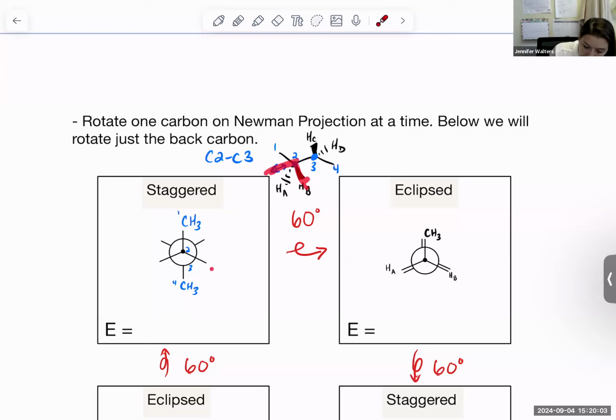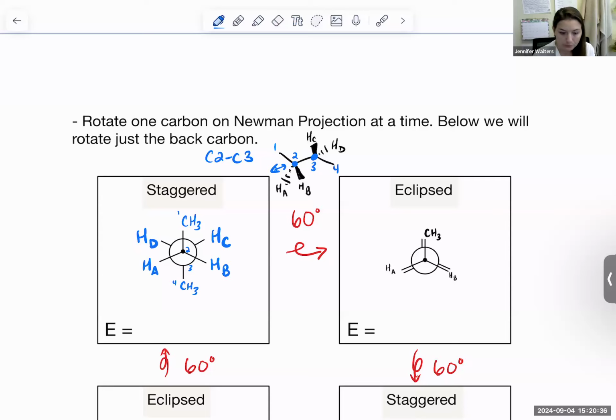So HB goes here, HA goes to the left. Then HC is also wedge. Just as I told you, if it's on the wedge, and I already know HB is on the right, wedges are on the right, that means HC is on the right, and then HD is on the left. So that's how I go from that line diagram to that Newman projection. And if I switch any of them, it is wrong. That is the only correct way to draw that Newman projection, looking down that perspective.